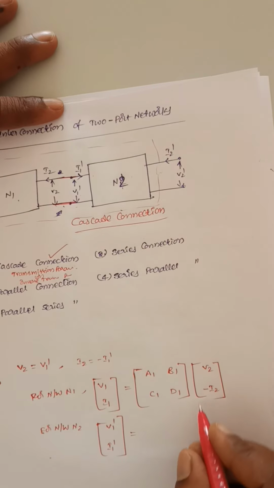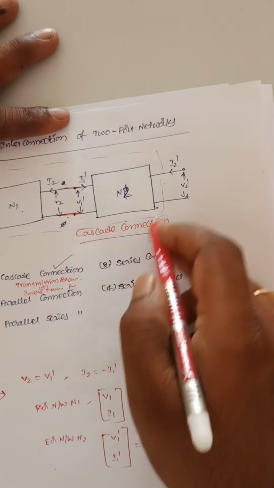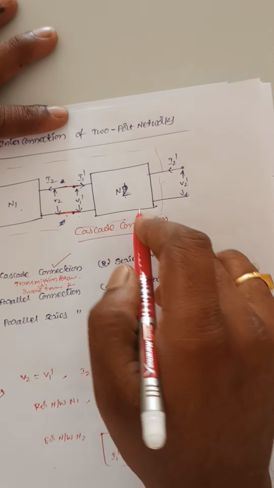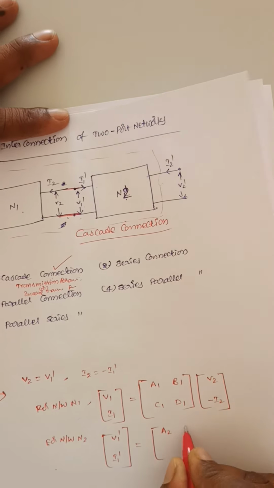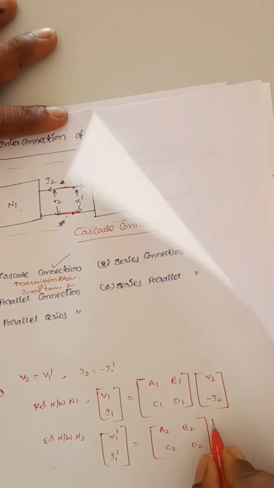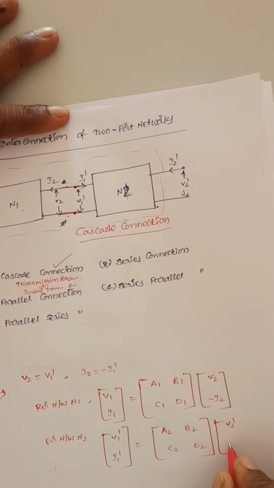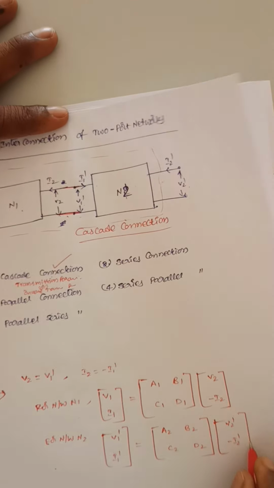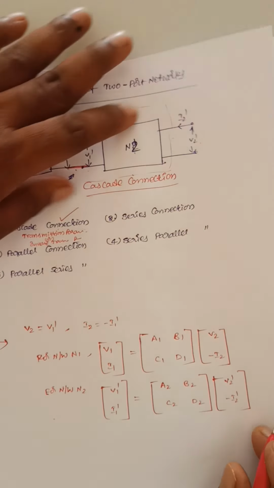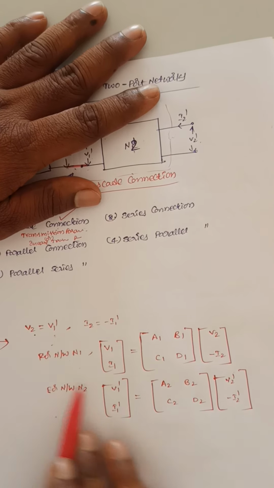That is equal to, let us assume the ABCD parameters or transmission line parameters for this network N2 are A2, B2, C2, D2, and here the outputs are V2 dash, minus I2 dash. But we know that V1 dash is equal to V2.